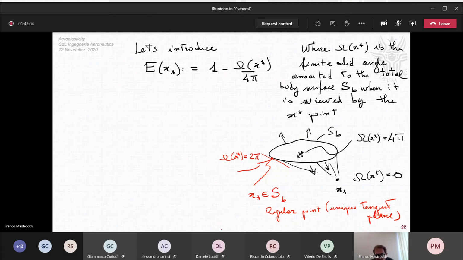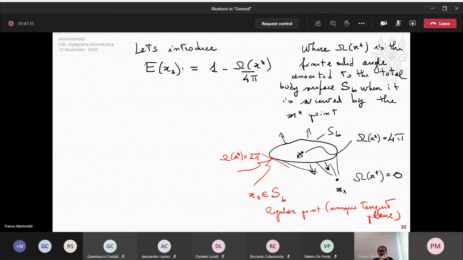Of course, you may imagine that if you don't have a regular point, for example, if your point is on the tip of a pyramid or on the tip of a cone, you have the value of the cone angle as solid angle result.